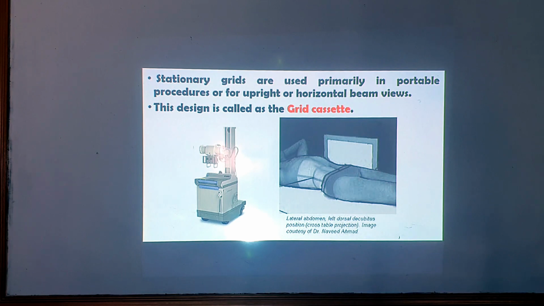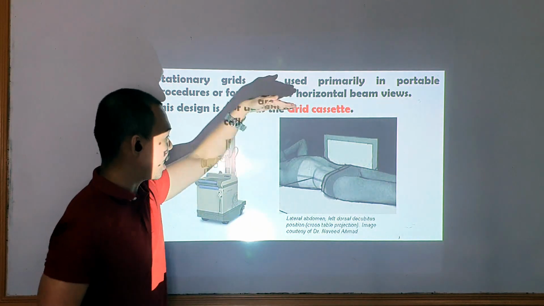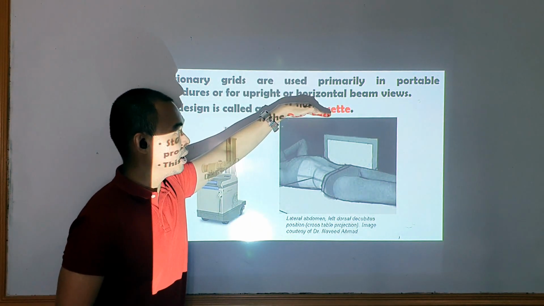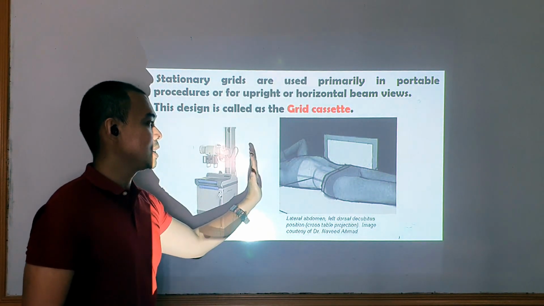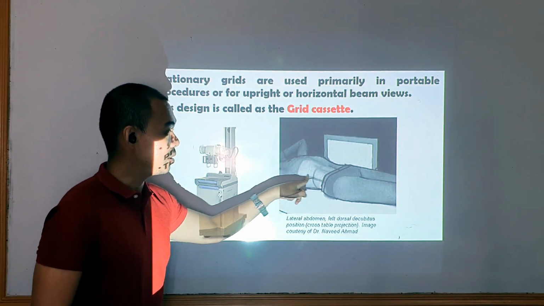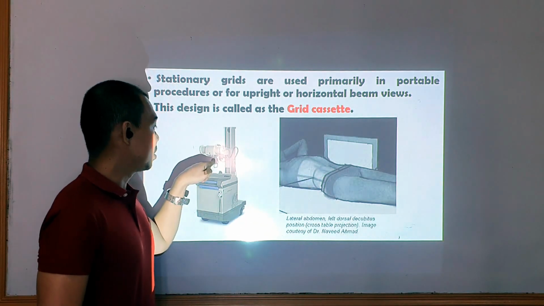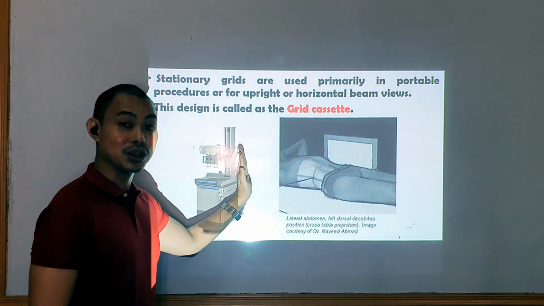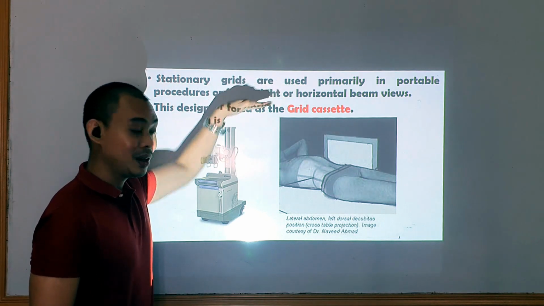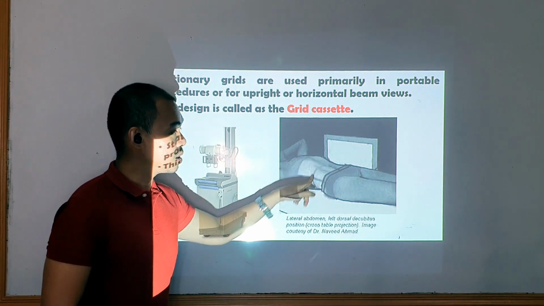Just like this one. See? So this is your X-ray tube here. Instead, the X-ray tube is in this position. Right? You can see your central ray here. So you already know for a fact that this one here is in this position and not in this position because of the appearance of your central ray.